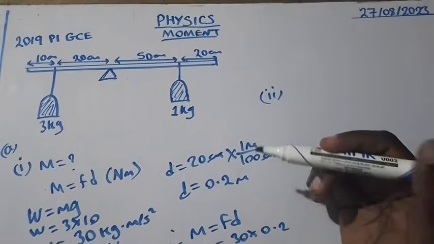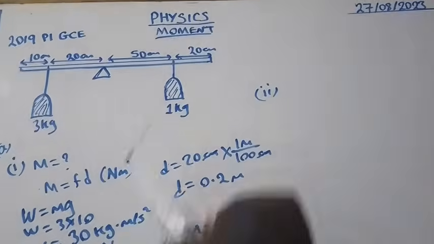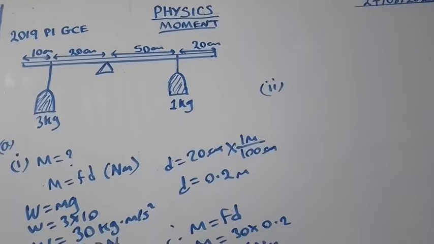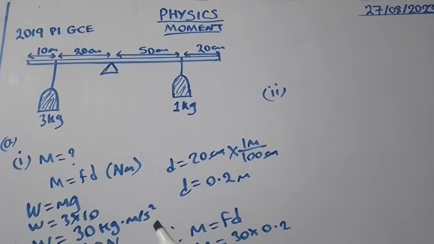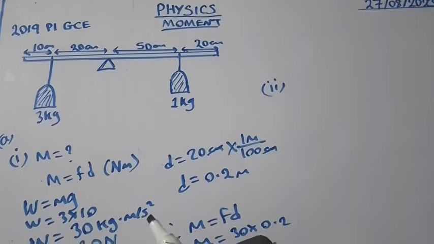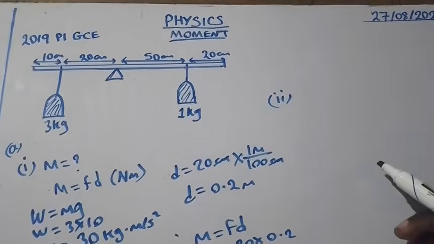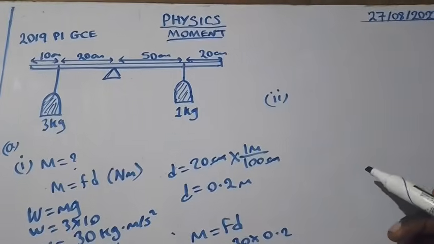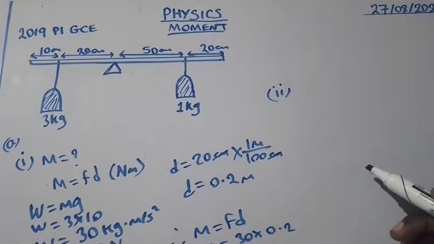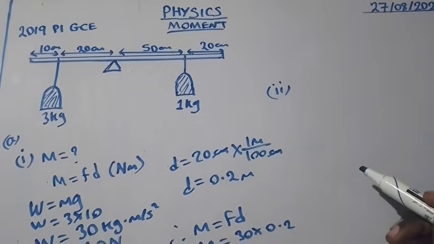Since this plank has a length of 100 centimeters, we expect to have the center of mass or center of gravity at 50. That's where this plank can balance.